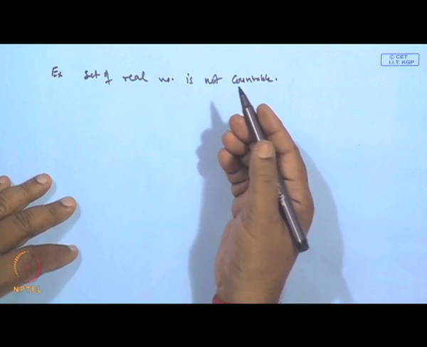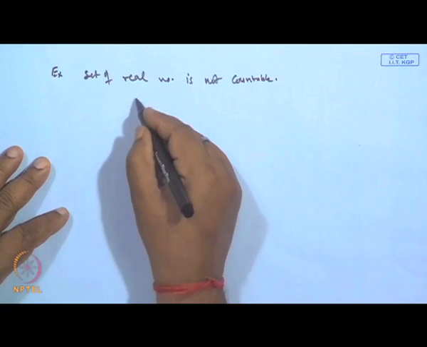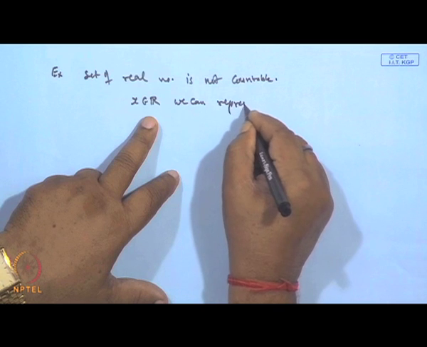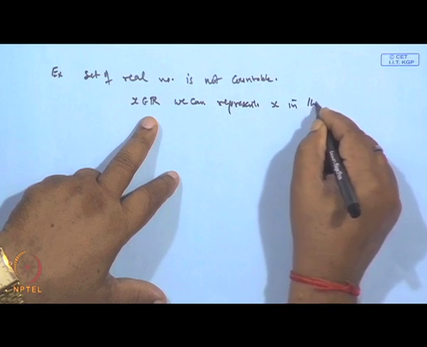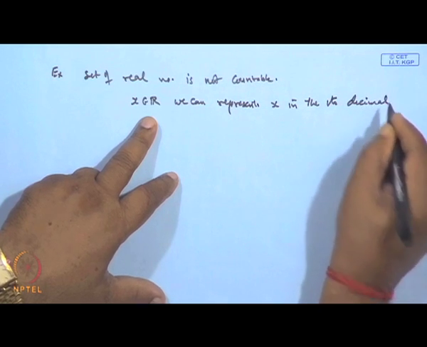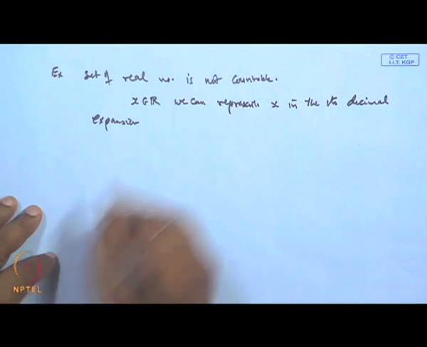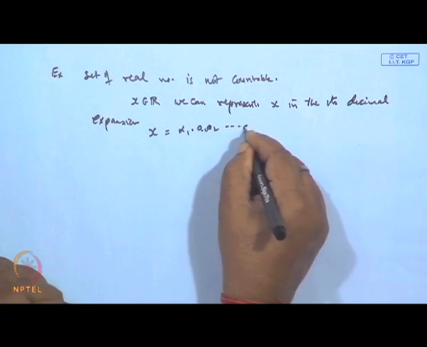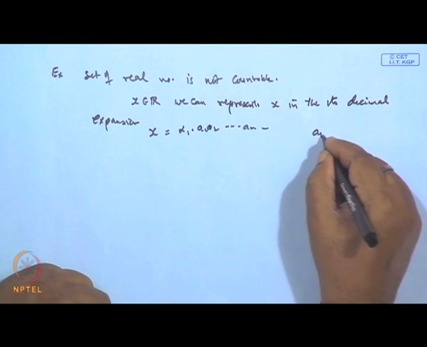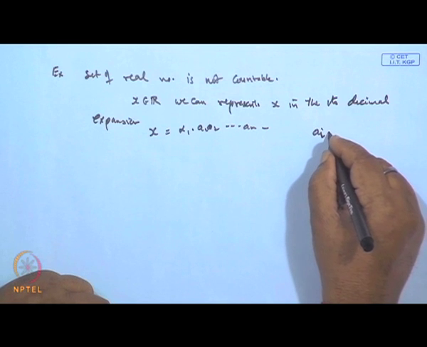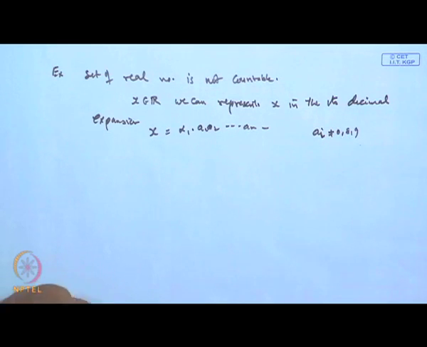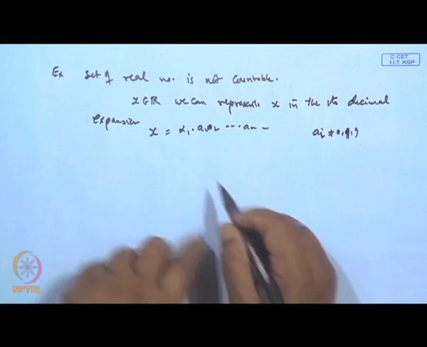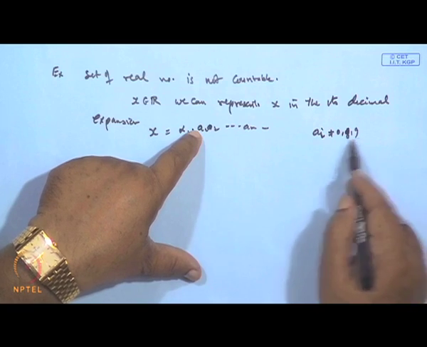Suppose I take x any element of R. We can represent x in its decimal expansion. If x is alpha1.a1a2...an and so on, and these digits are different from 0, 8 and 9, then we can construct another number: for a1, we replace it by a number which is not available here.